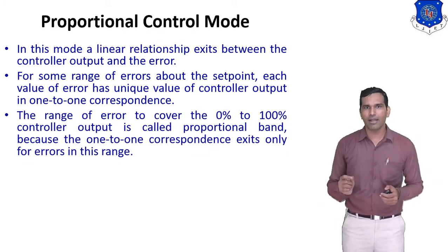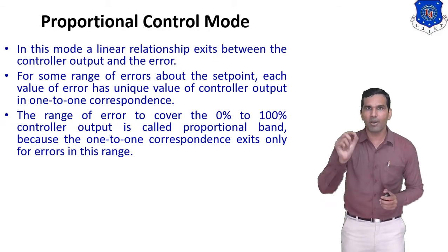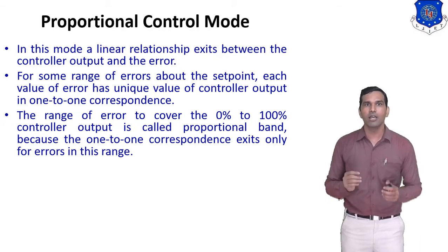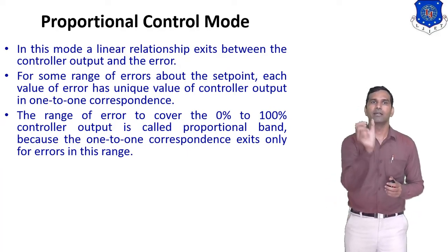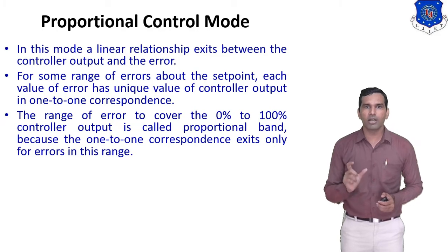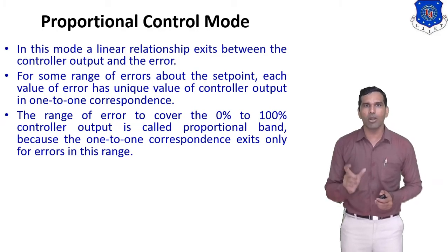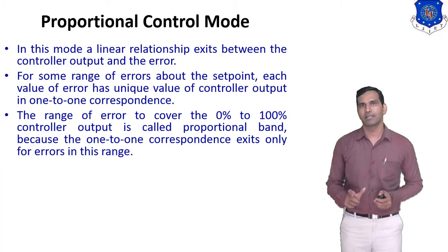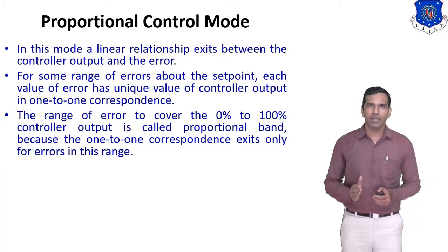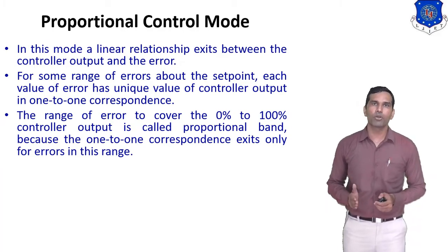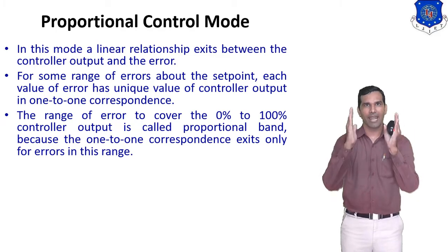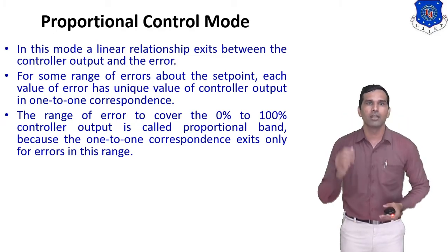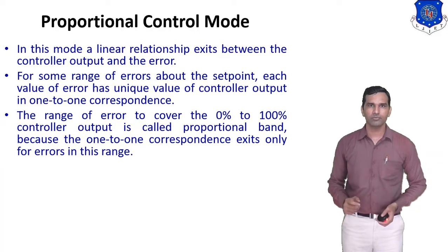The range of error that covers 0% to 100% controller output is called the proportional band, because the one-to-one correspondence exists only for errors in this range.